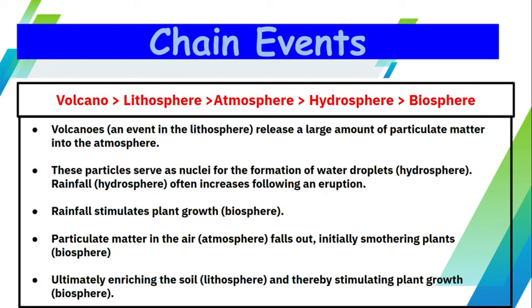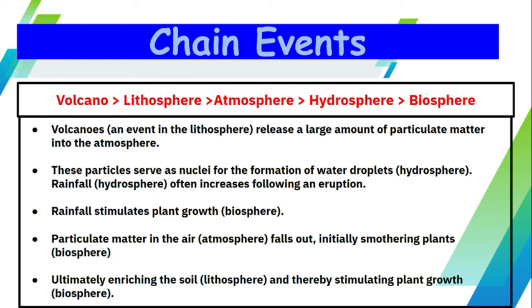These particles serve as nuclei for the formation of water droplets in the hydrosphere. Rainfall, which is hydrosphere, often increases following an eruption because of the formation of all the water droplets in the atmosphere. Rainfall stimulates plant growth, which is the biosphere. So you see there's that interaction.